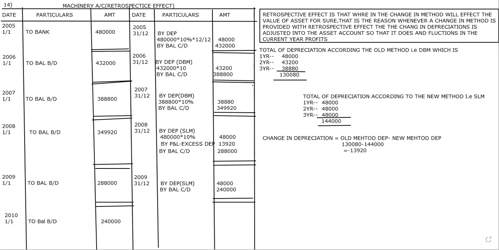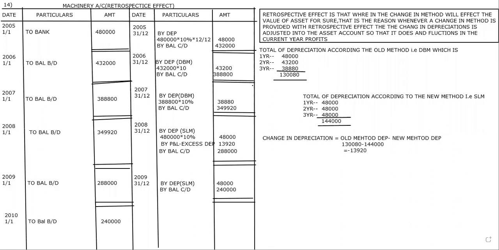Is this clear? So this kind of process we have to do whenever he says it is a retrospective effect. If he's not using the word, for example, just see the 15th problem. I'll read it out. Please listen carefully. A company bought a second-hand machinery on 1st January 2003 for 37,000 and immediately spent 2,000 in repairs and 1,000 for erection. So the total asset value is 40,000.